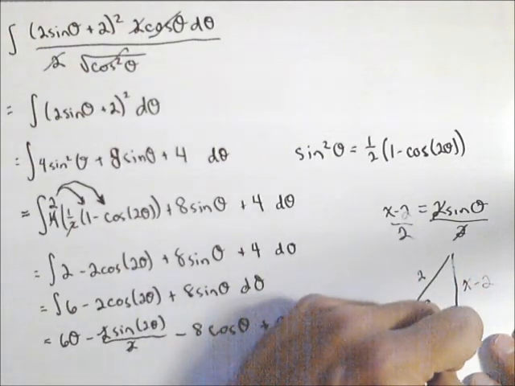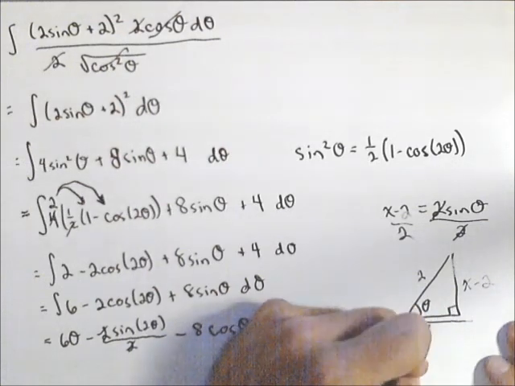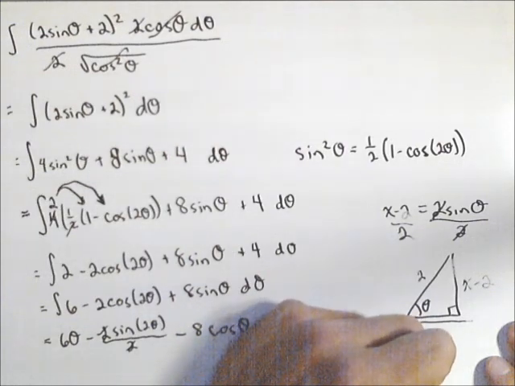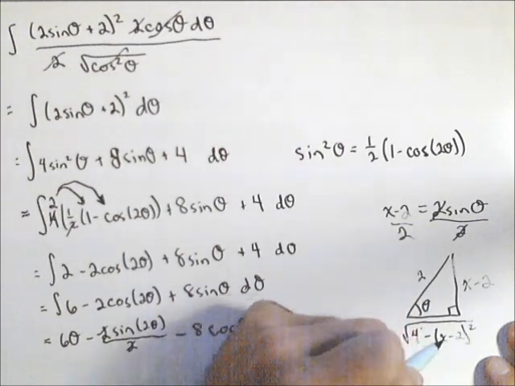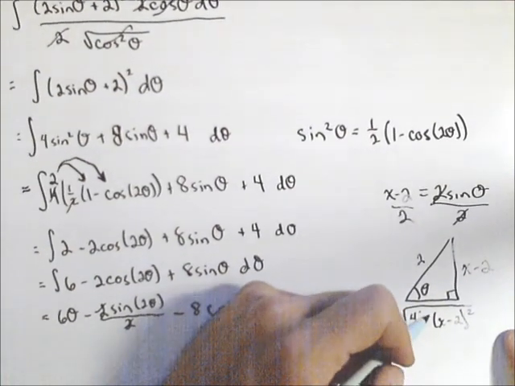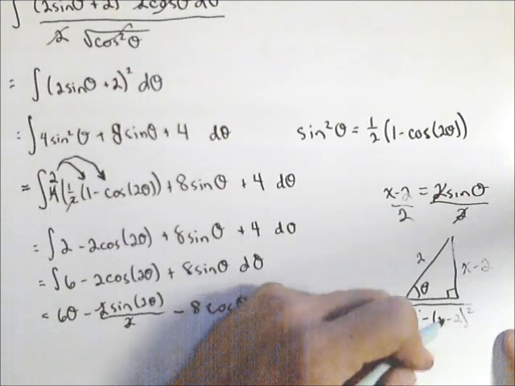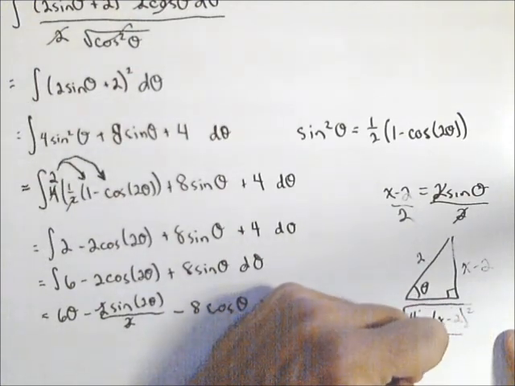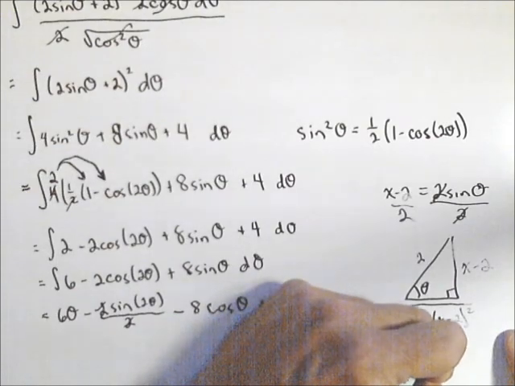And so the adjacent side is going to be the square root of the hypotenuse squared, so 4 minus x minus 2, the quantity squared, which if you simplify, interestingly enough, becomes the square root of 4x minus x squared.